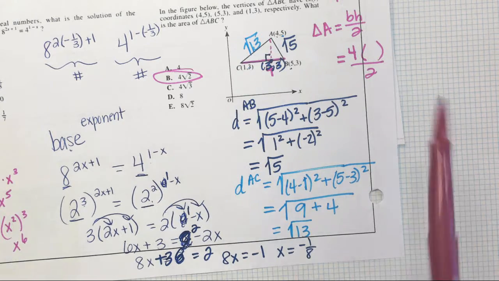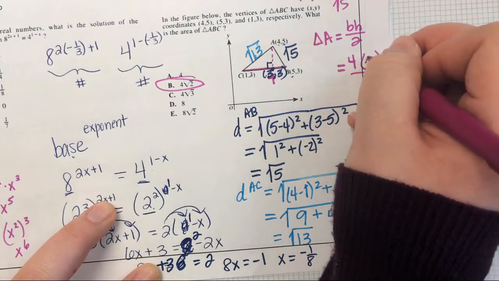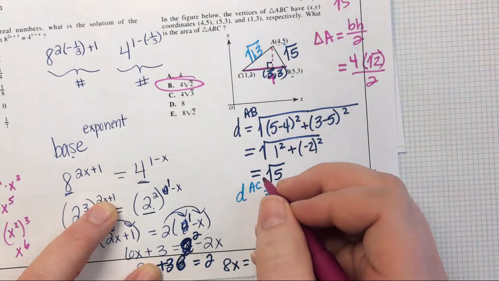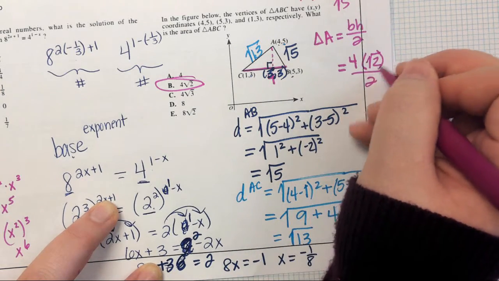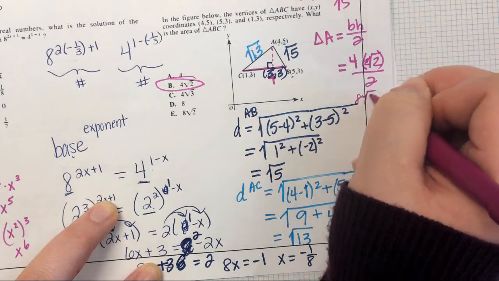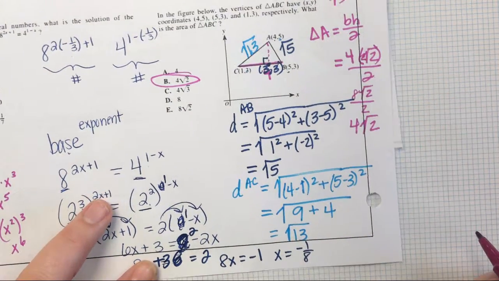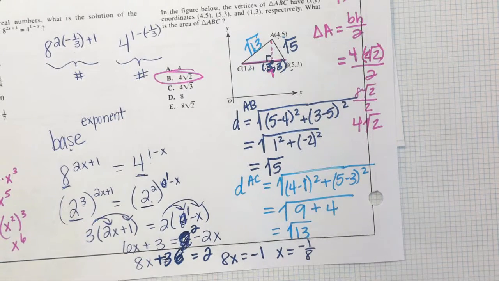So I think this is supposed to be square root of 2. That can't be right. 2 square roots of 2 would be 8 square roots of 2 over 2, which gives you 4 square roots of 2. So it needs to be 2 square roots of 2. I know that much.